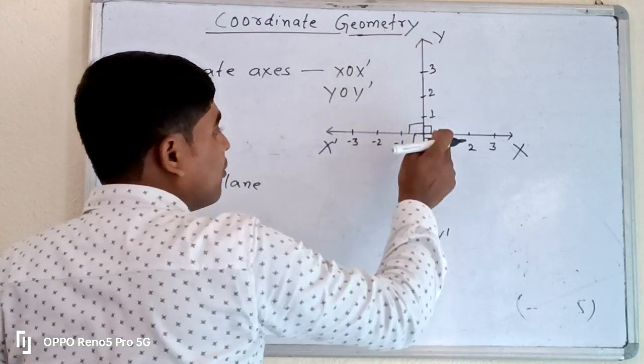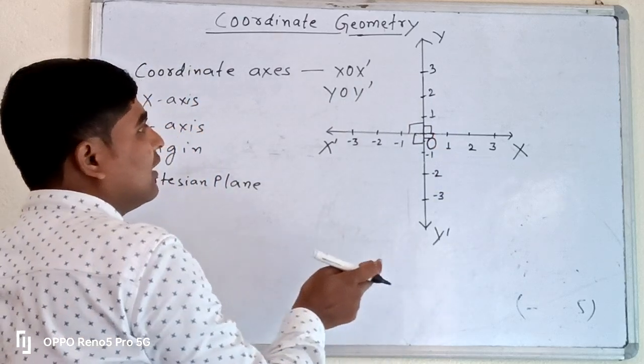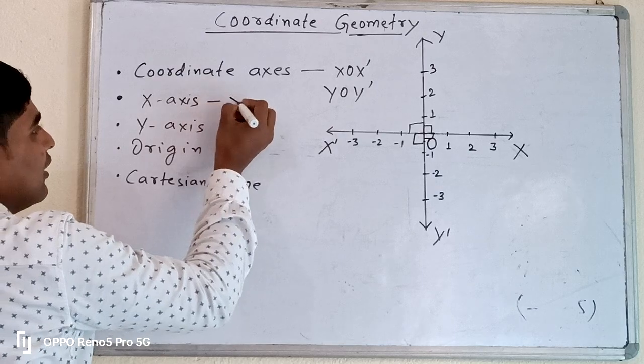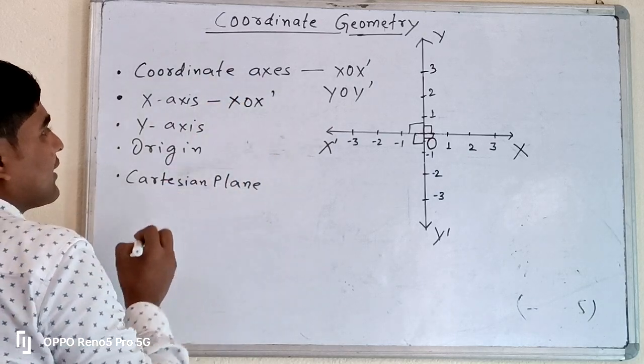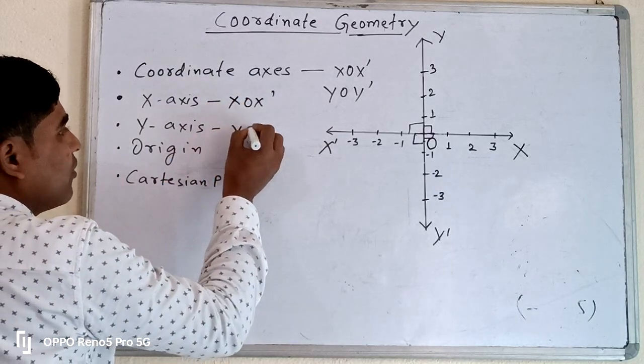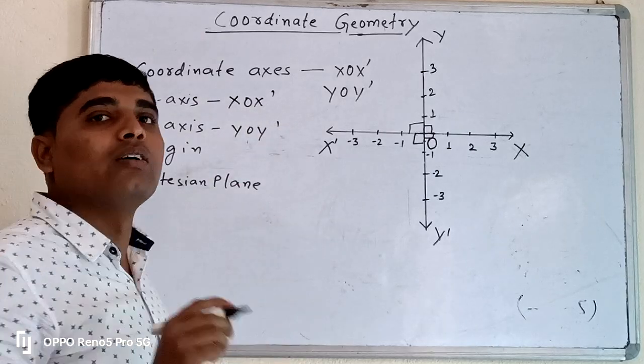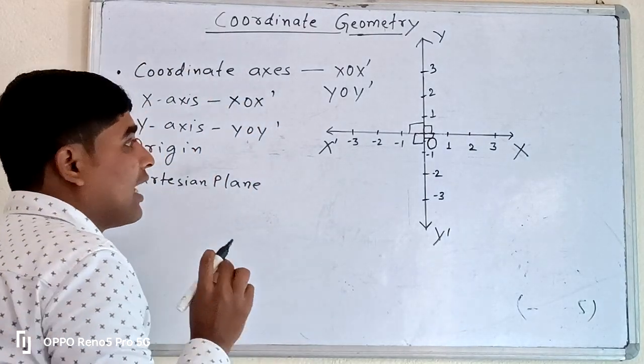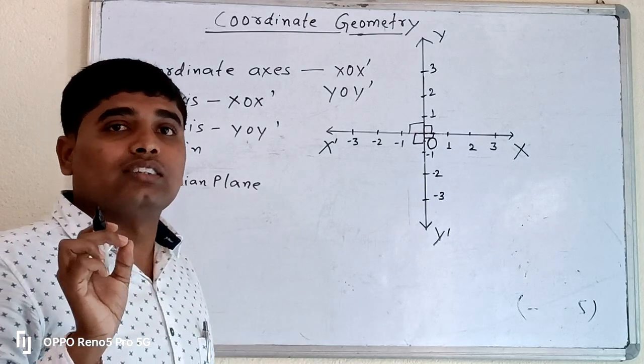And Y O Y dash, the vertical line, is said to be the y-axis.